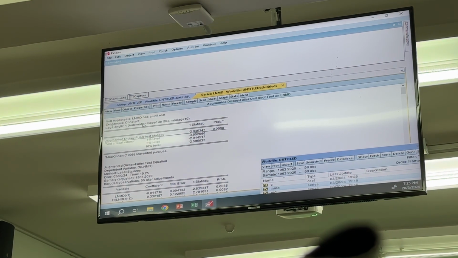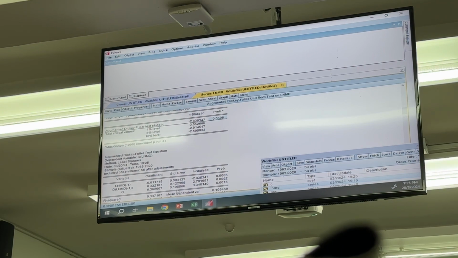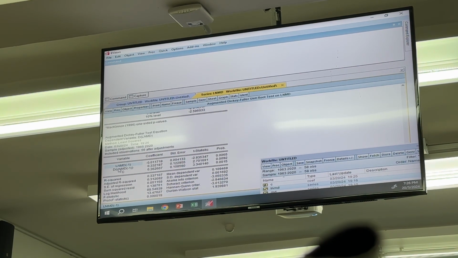So this is a result. Congratulations, you have already come here. This is the automatic test for your mine demand. This is your result, this is your critical value, and this is your p-value. This is your test equation: changes in your y means changes in your mine demand on mine demand (t minus 1), and also the lag of the dependent variable.